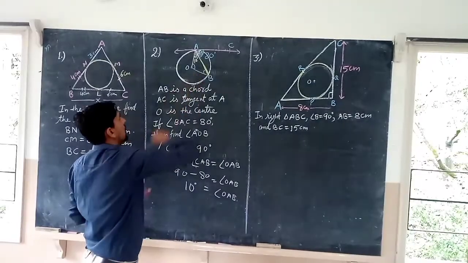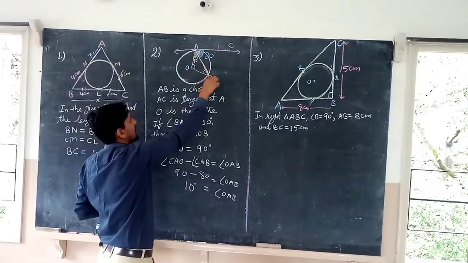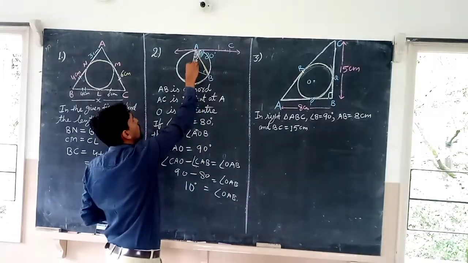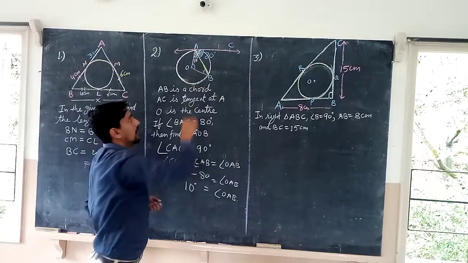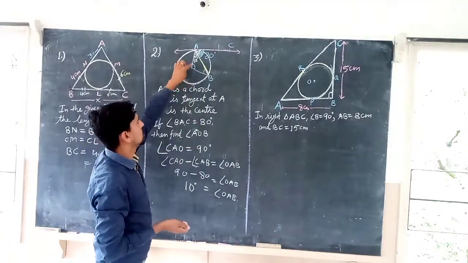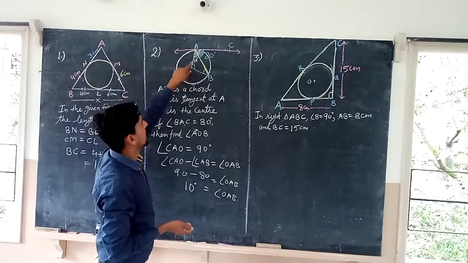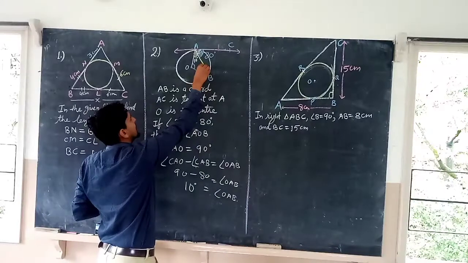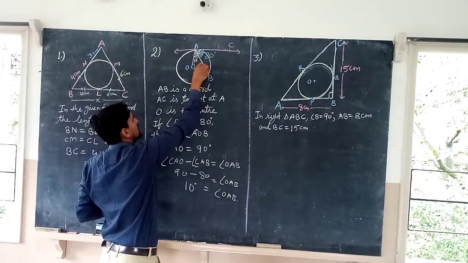So now, as we know, this is an isosceles triangle. Why isosceles triangle? Because OA and OB are the radii of the circle and they are equal. That means these two sides are equal, and we know the angles opposite to equal sides are equal, right? So this angle and this angle should be the same.